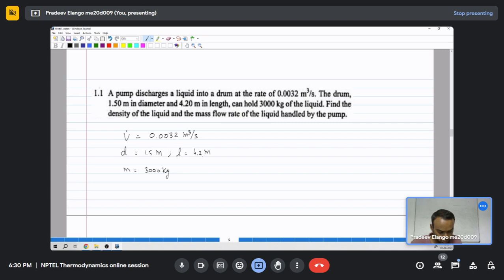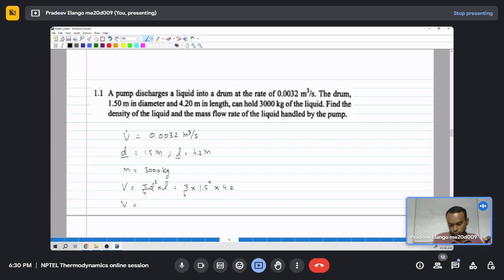Using this diameter and length, we can find the volume, which is pi by 4 d square into L. So this is pi by 4 into 1.5 square into 4.2.